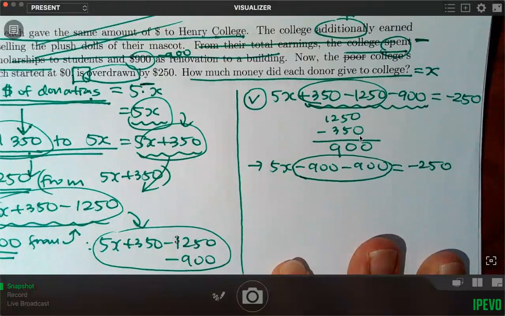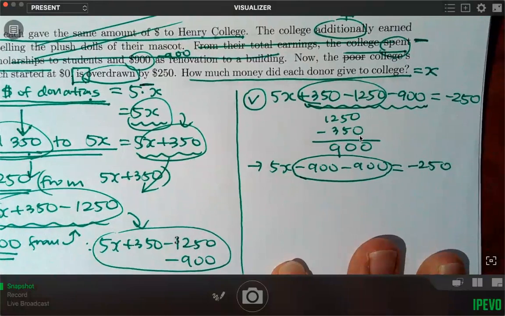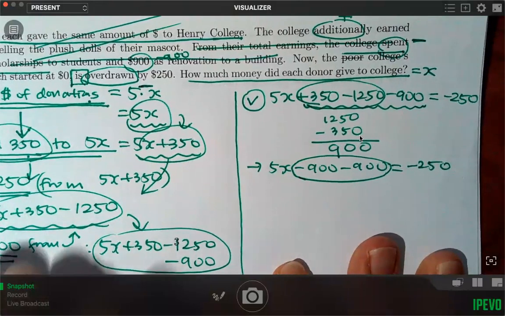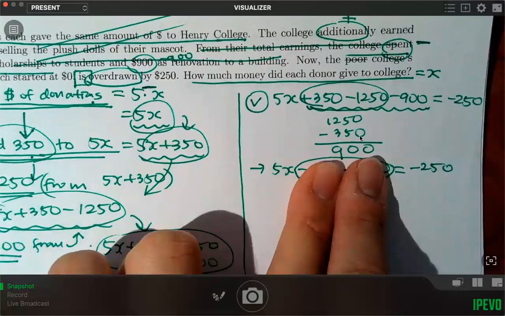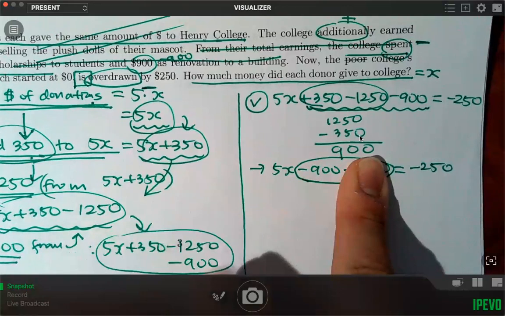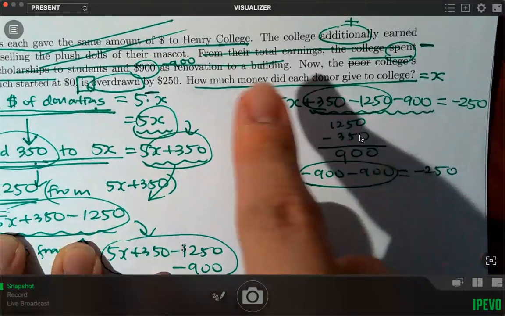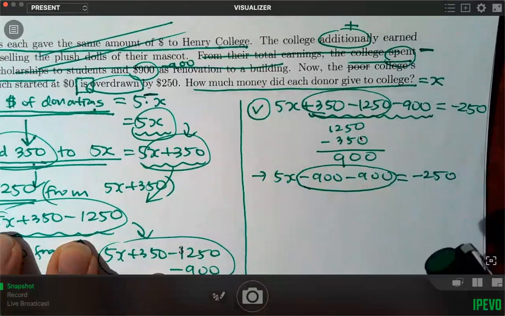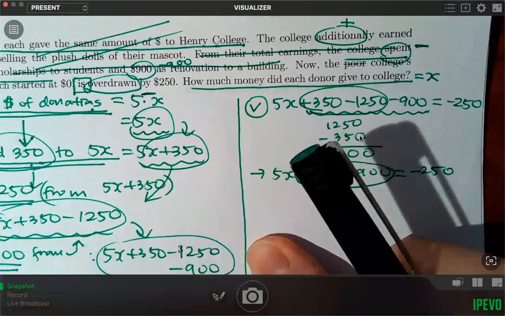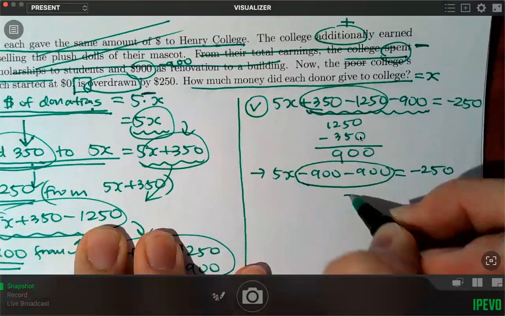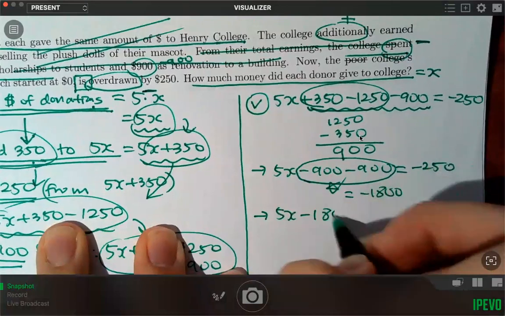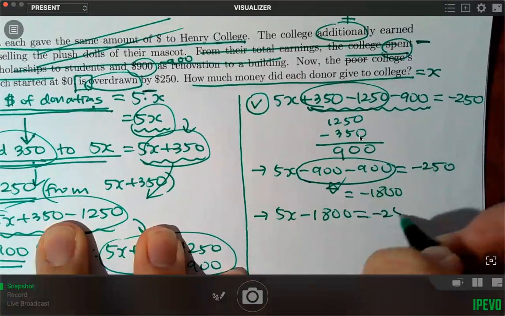They do not cancel. Now, by the way, if you do cancel, you end up with 5x equal to negative 250. So x would be a negative value. So what does that mean? Each person made negative dollars as donations, which doesn't make sense, right? So this is equal to negative 1800. So you have 5x minus 1800 is equal to negative 250.